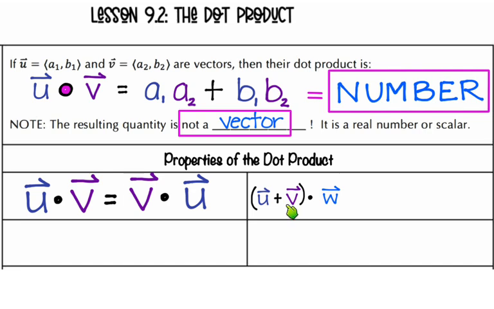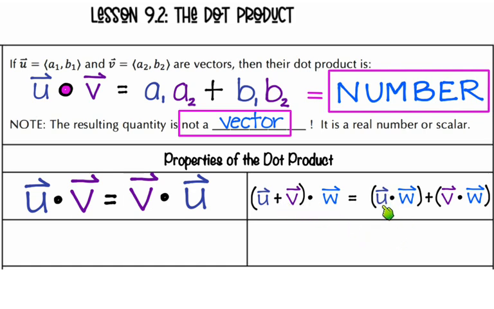In this case, I'm adding two vectors, which would give a different vector. So this could give me some vector p of u plus v. And I'm going to have a vector, and then I'm going to take that resultant vector and dot it with w. This is the same thing as, it's not distribution, but it's very similar to it. I am going to do the dot product to u, the dot product to v, and then add that together.